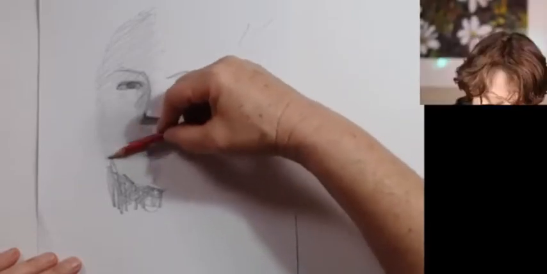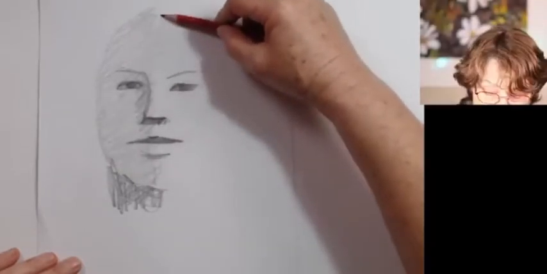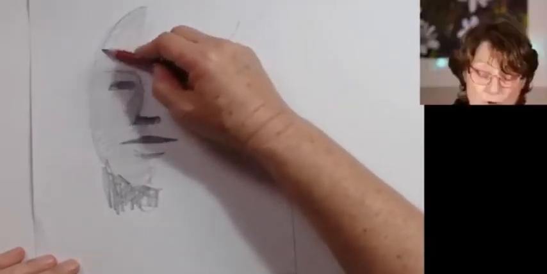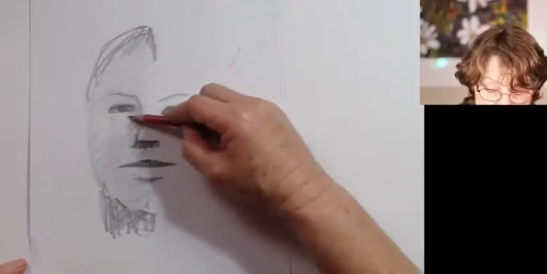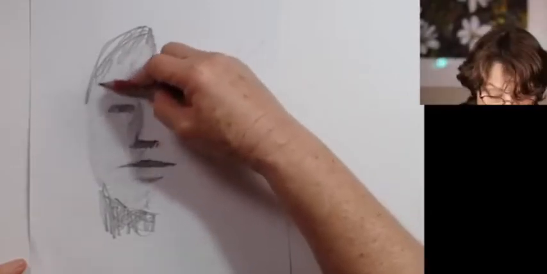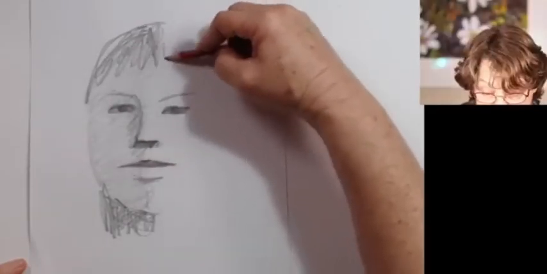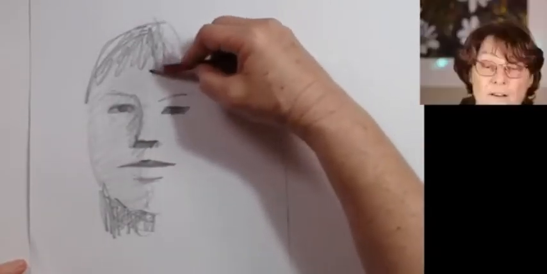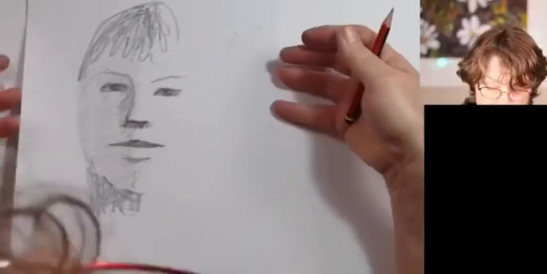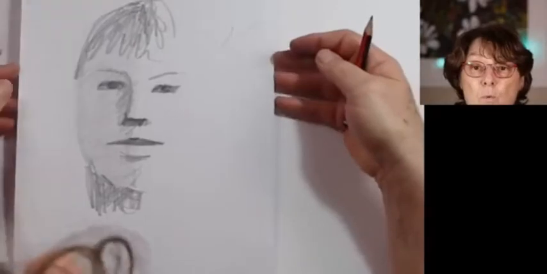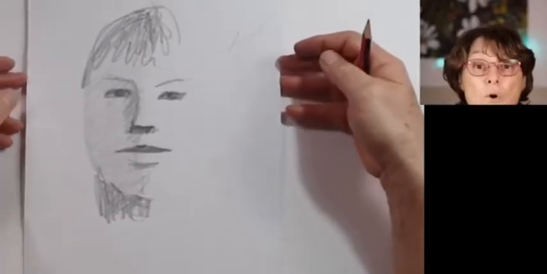So you get a shadow on the side of his head or her head, and you can put some hair on top. Other than telling you that the eyes are an eye width apart, I'm not going to give you any other proportions. That's for my portrait video, but I just wanted to point out how well just those shadows work to enable that face to look a little bit more three-dimensional.